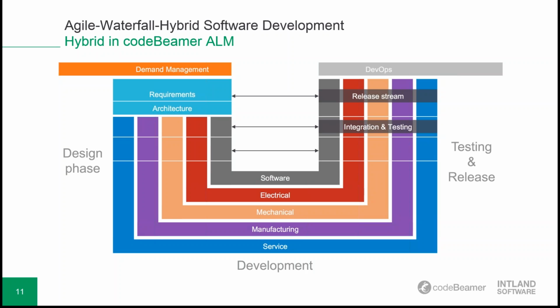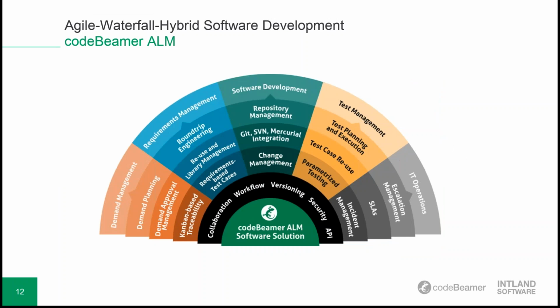And once you decided and everything looks good and fine and that's what you want, then you have probably your releases. And now, just to emphasize, hybrid is really good to use when you need to develop hardware, software, and services. And now I would love to just show an overview about codeBeamer before we start with the live demonstration, then why and how codeBeamer could help you.